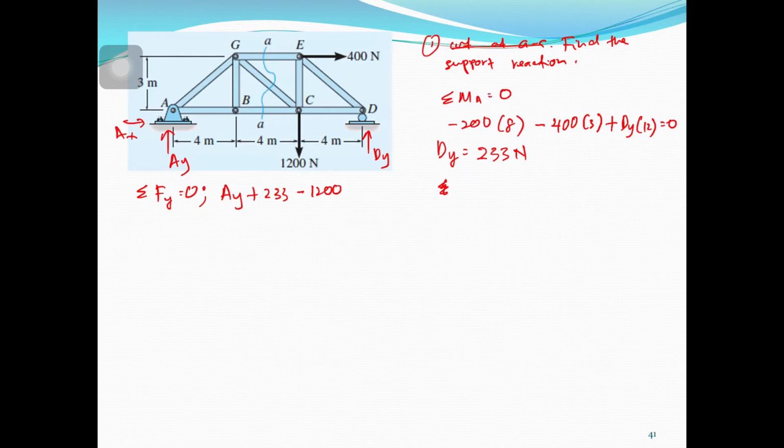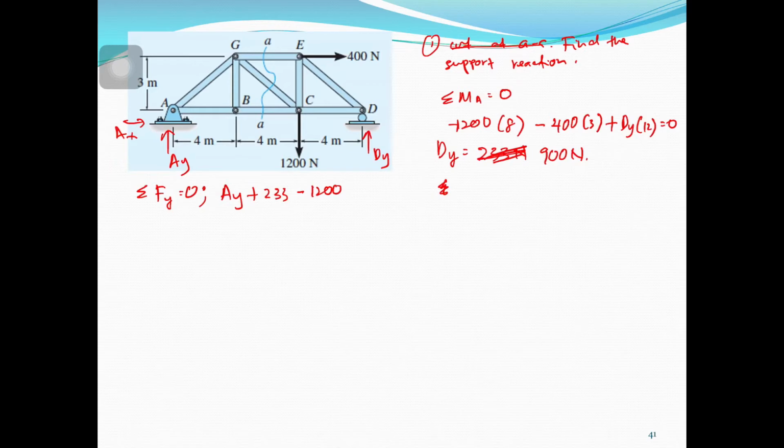This one is not 200 but 1200. So you have 1200 times 8 plus 400 times 3 divided by 12. So you have 900 Newton for DY.